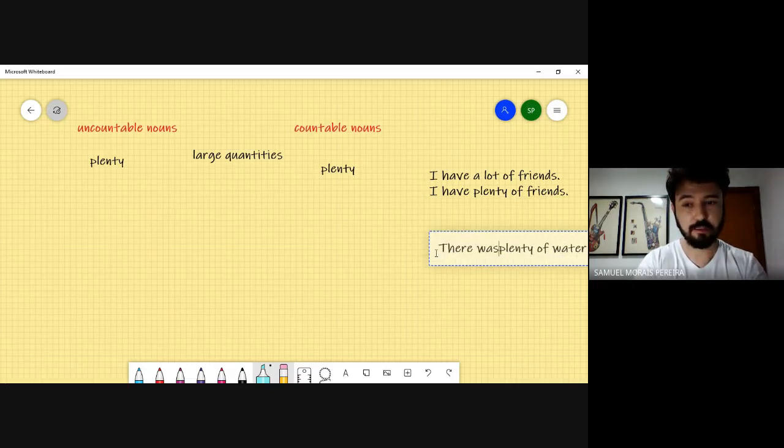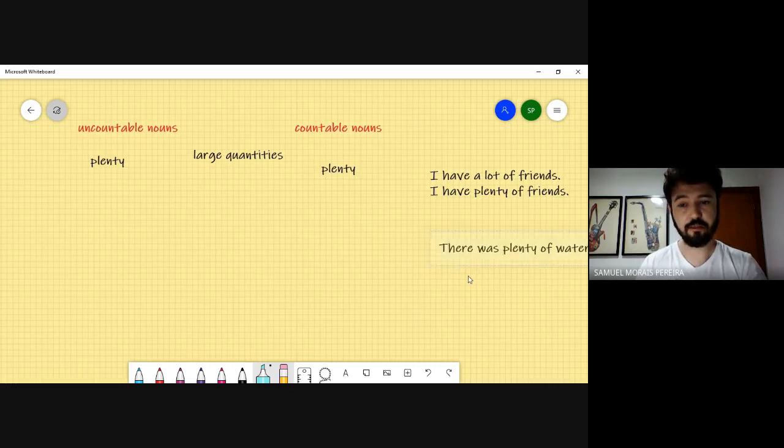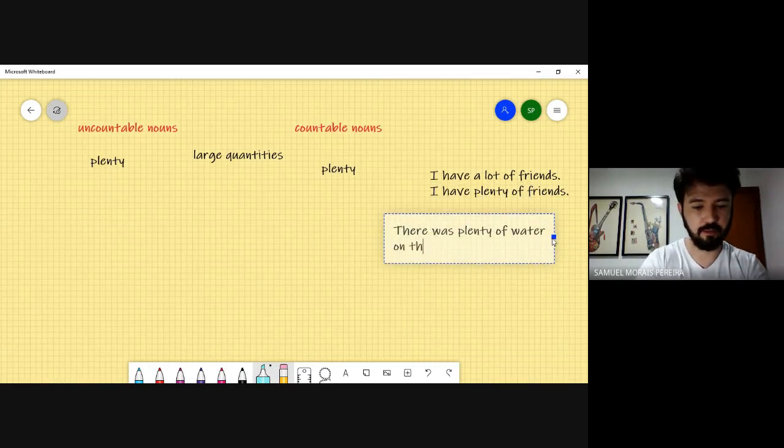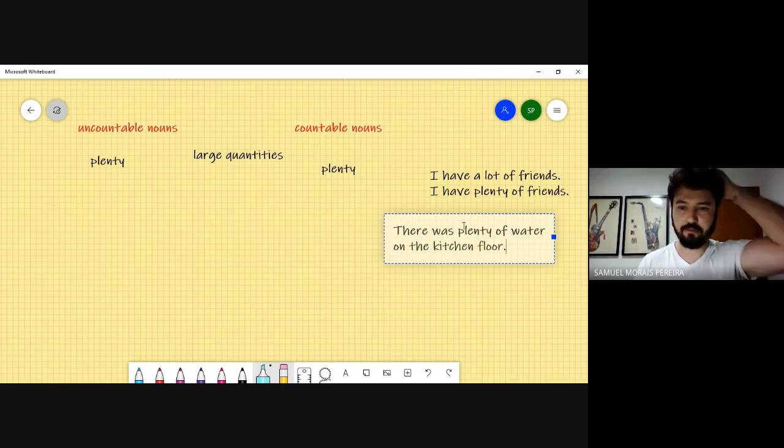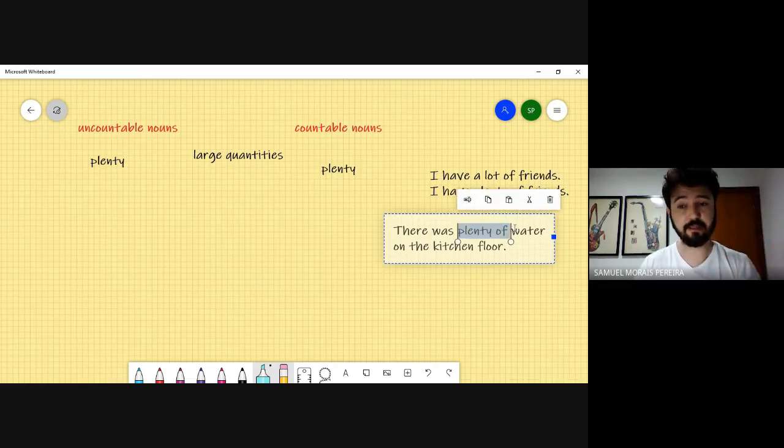There was plenty of water on the ground, on the floor, on the kitchen floor. So, plenty of is the exact same thing as a lot of, or much, or many, okay? Because as you can see here, I can use plenty of with uncountable and countable nouns, okay?